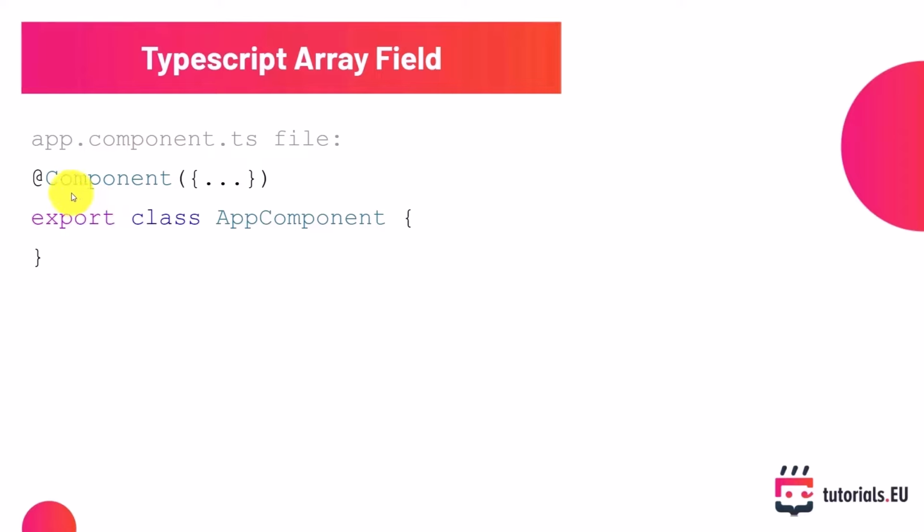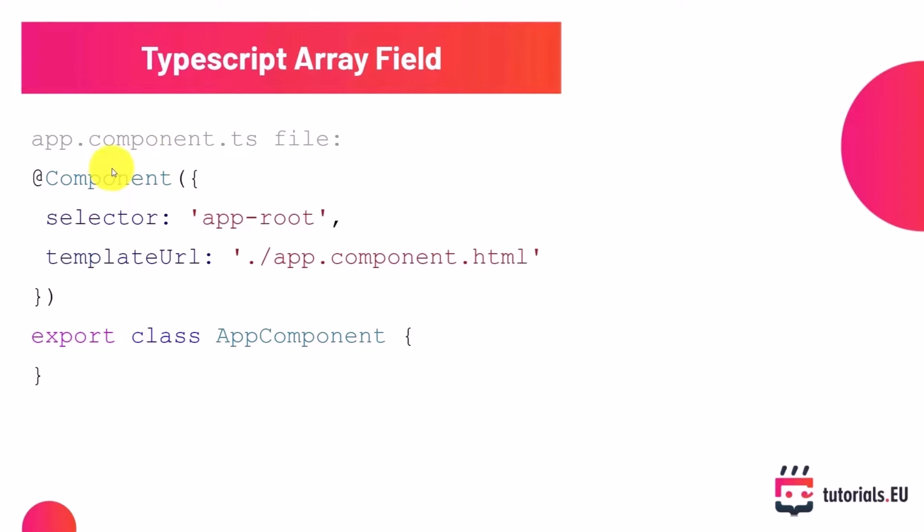So for now, just keep in mind that you can use the decorator and put it right on top of a class to decorate it. Sort of like an attribute in C#. So here you can see that component decorator again, and it has some more options like the selector and template URL. See that this is an HTML file, app.component.html. Now in a minute we will swap over to our project and you will see that in action.